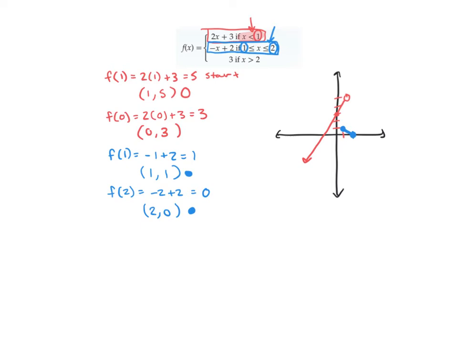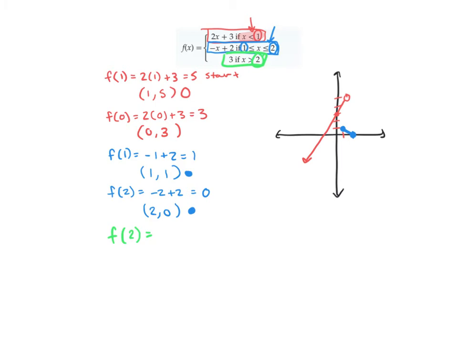All right, now we're ready for the third part. So we have 3 if x is greater than 2. We're going to plug in 2 first. What do we get when we plug in 2? What's our equation here?